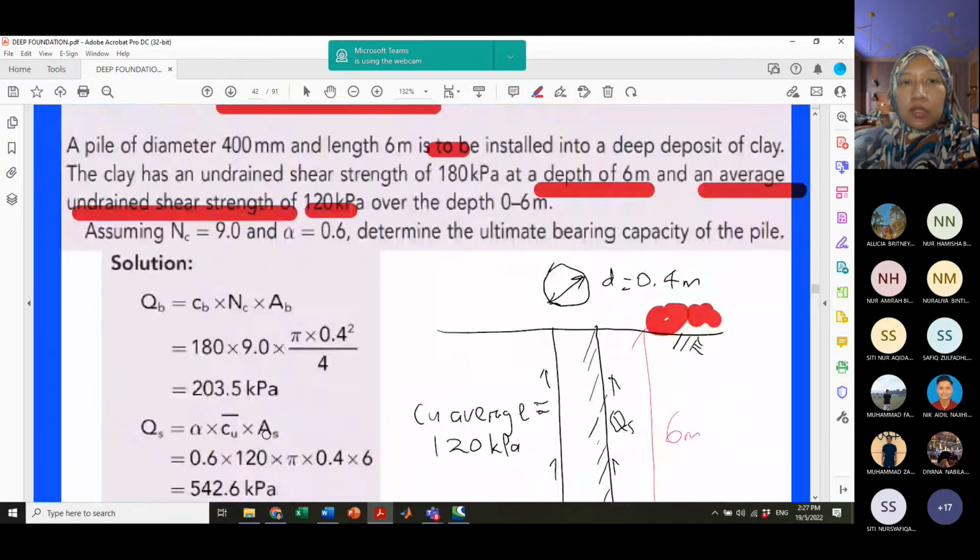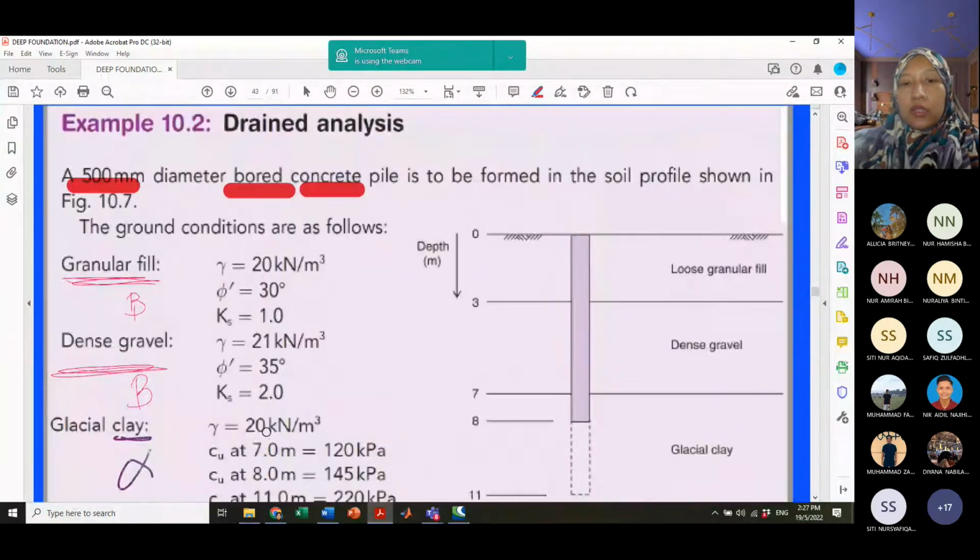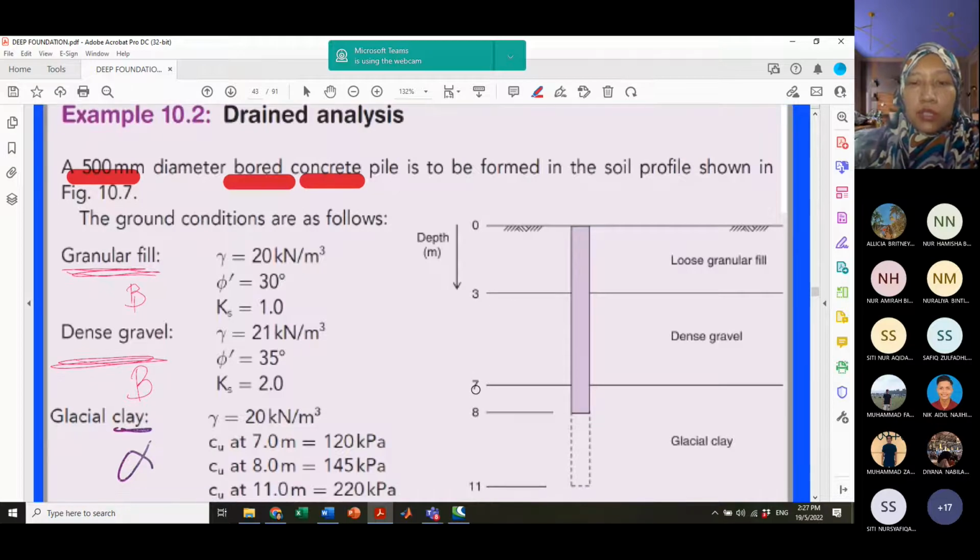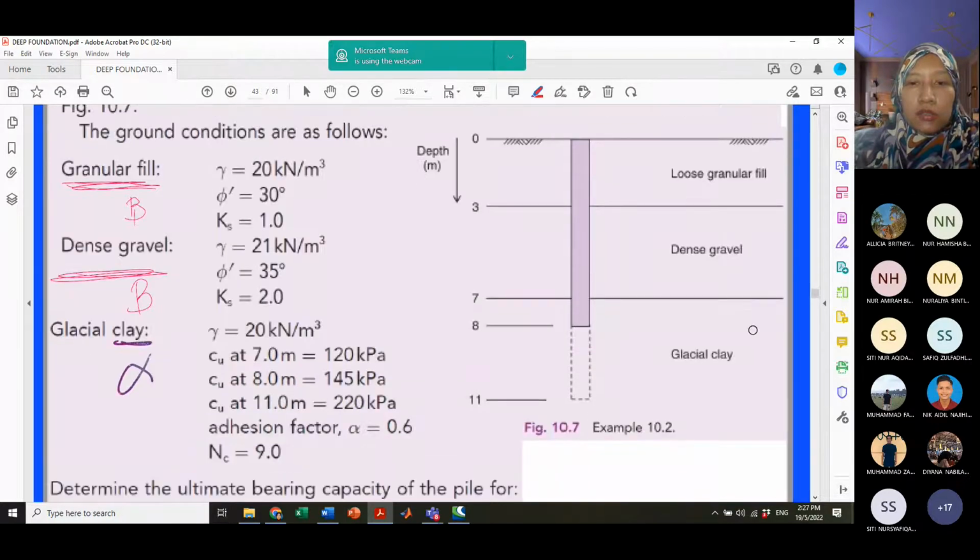That was for the undrained analysis. Now we go to drained analysis. For example, if you look at this drained analysis example, we have multiple layers of soil, where the upper layer is fill from 0 to 3 meter, and dense gravel from 3 to 7 meter, and 7 to 8 for clay, or the second condition 7 to 11 meter. So what it wants to tell you is that there will be different QS for layer 1, layer 2 and also layer 3, and also the end bearing of the pipe.